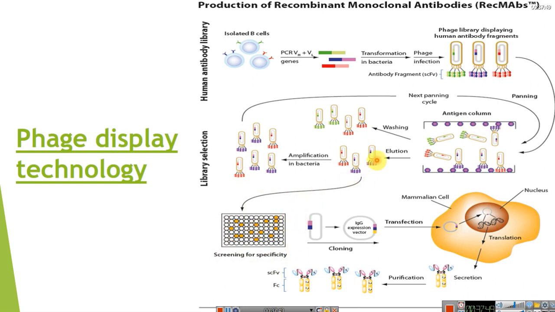Now once we have selected the phage, we can take out the Ig gene that has got inserted in the phage genome, and then we transfect the mammalian cell.